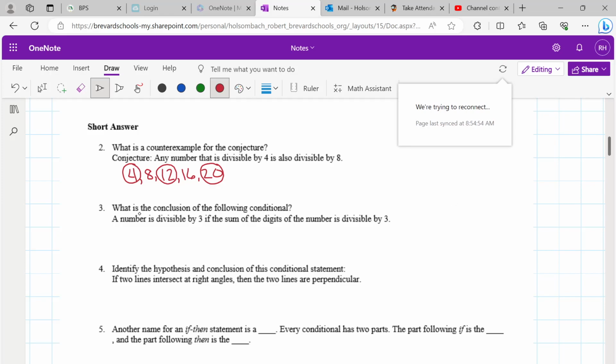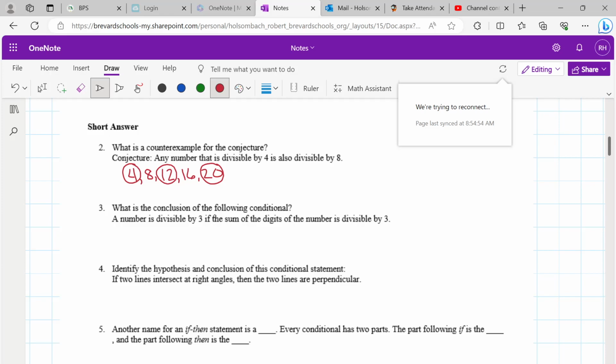Number 3, what is the conclusion of the following conditional? Hypothesis, conclusion. The conclusion follows the then. So this statement, a number is divisible by 3 if the sum of the digits of the number is divisible by 3.